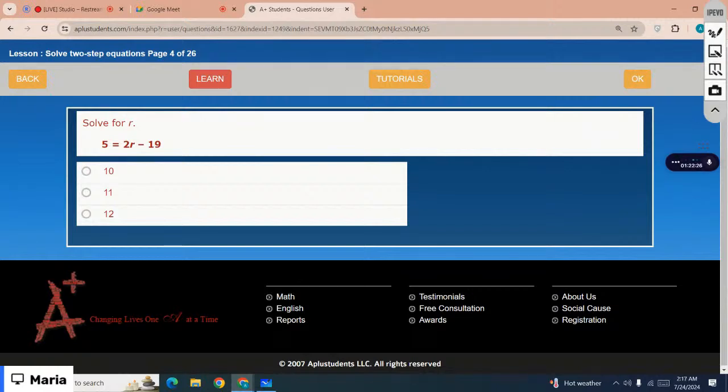Very good. That is r equals 12. Option number 3 is the correct option. Okay, you can copy the lesson by yourself later today.